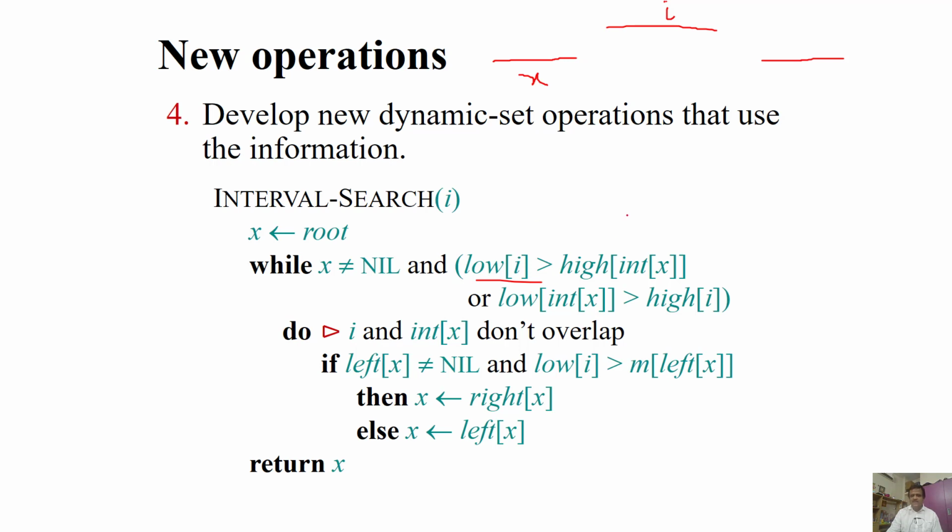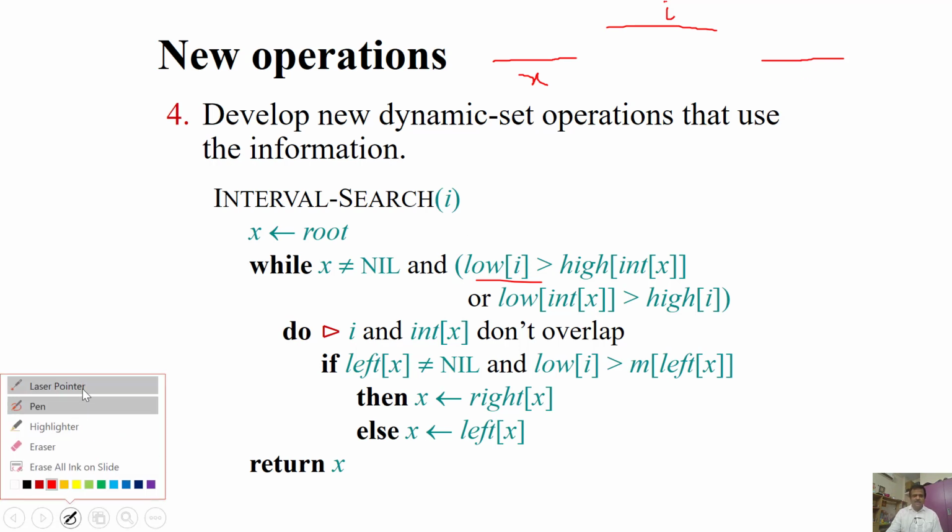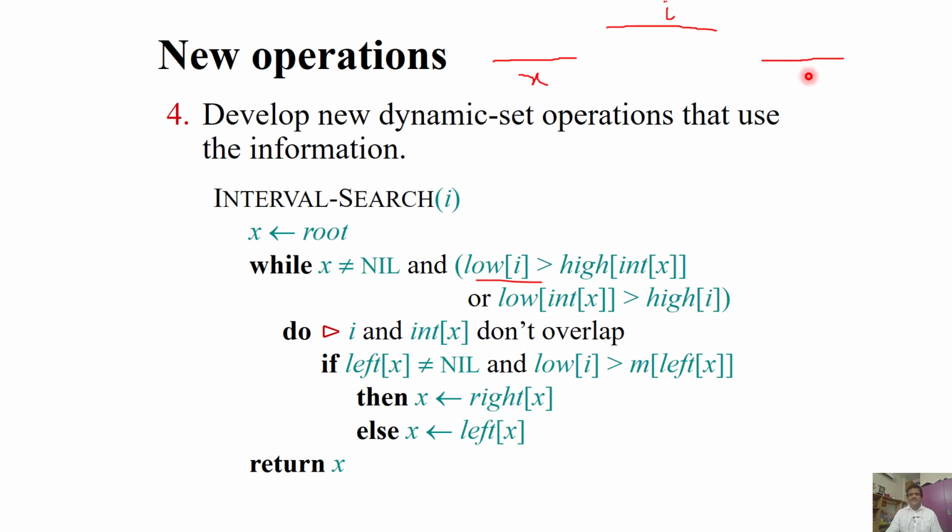This is one condition if x is on this side. Otherwise, if x is completely on the right side, then high of I must be less than low of x. So, these two conditions mean I and x are not overlapping. Okay. So, that is the check.